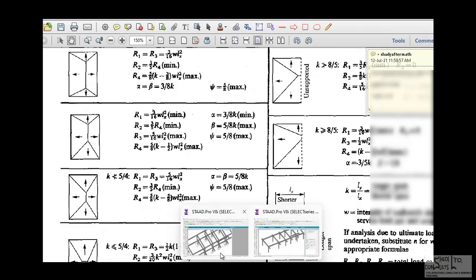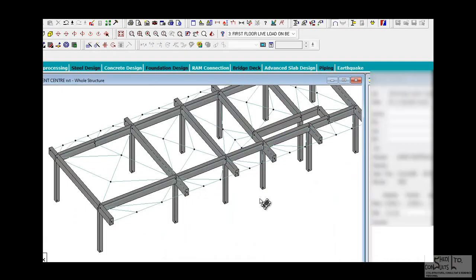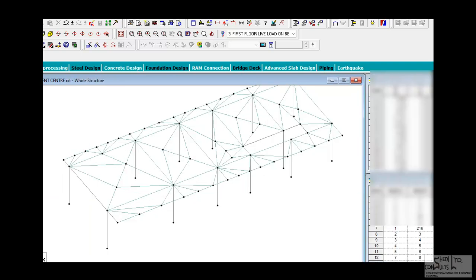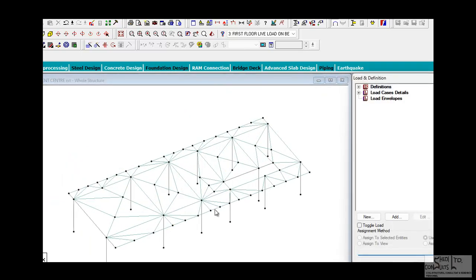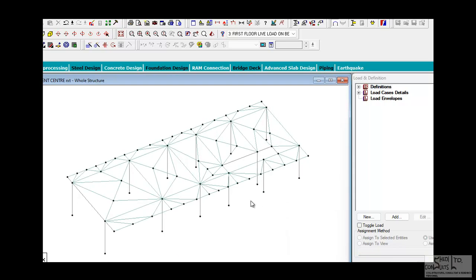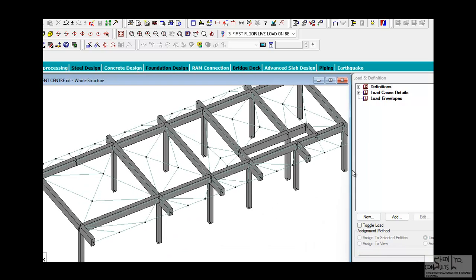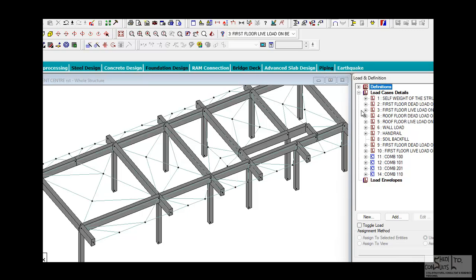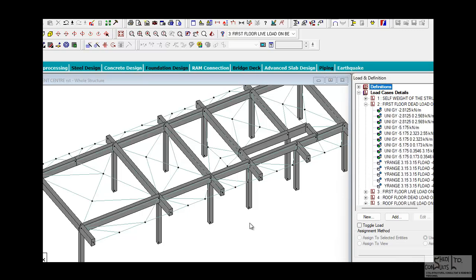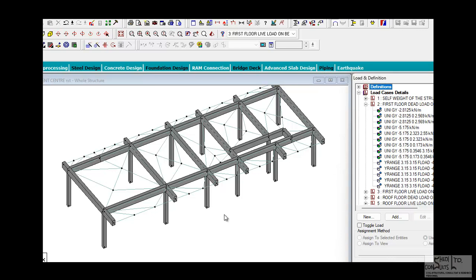Now, let's go straight to the crux of why this conversation commenced. If you look at this structure, the first floor slab, what this fellow has done in the loading of the first floor beams rather.